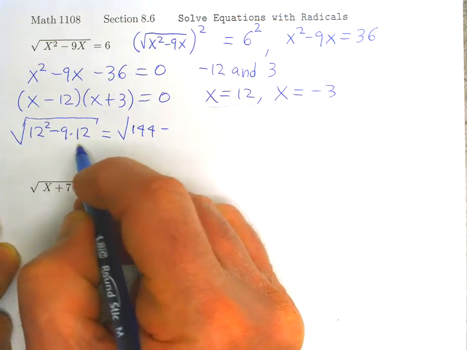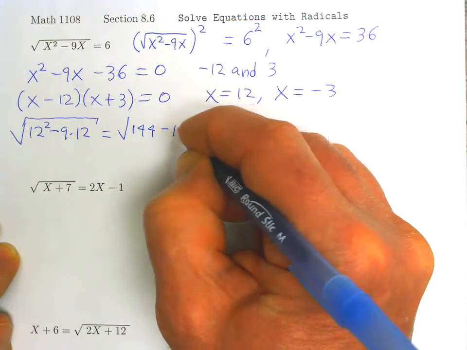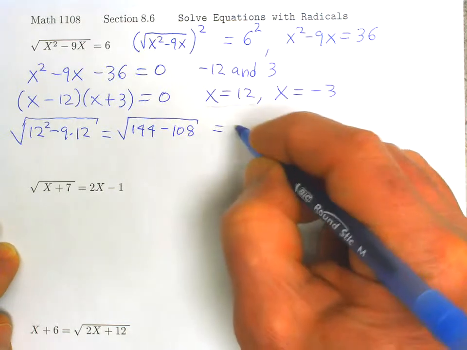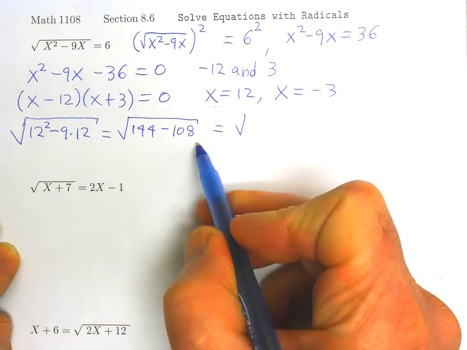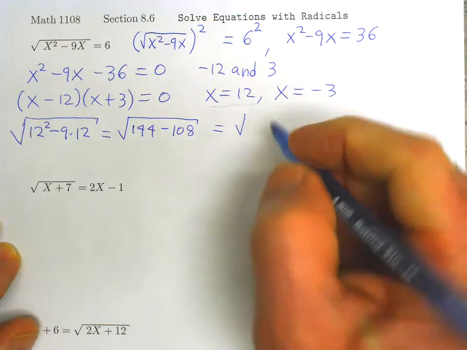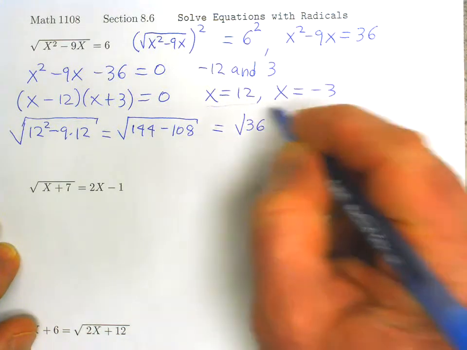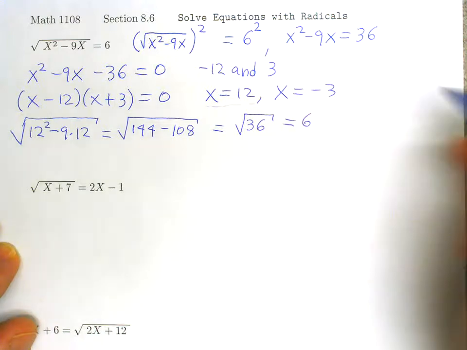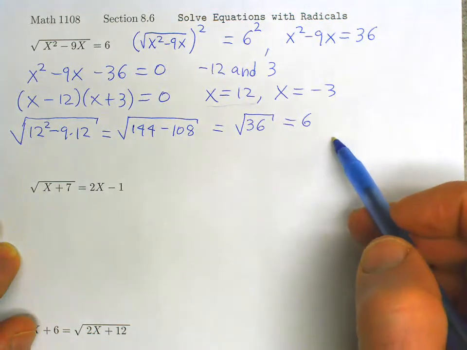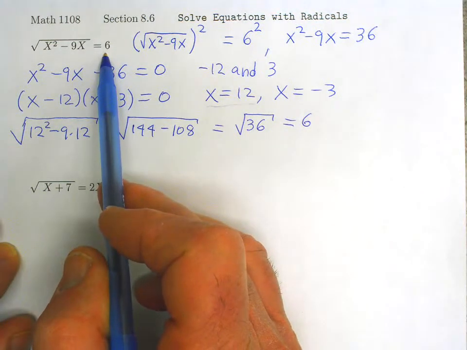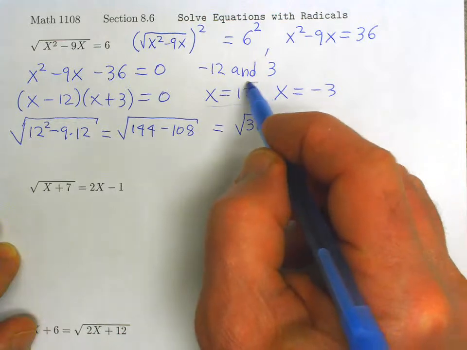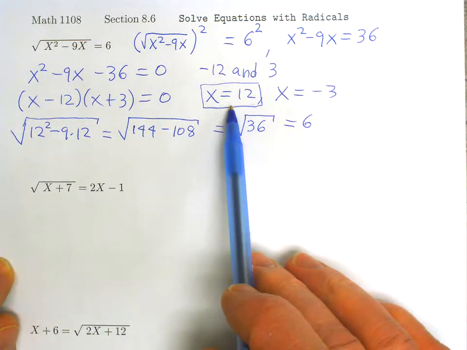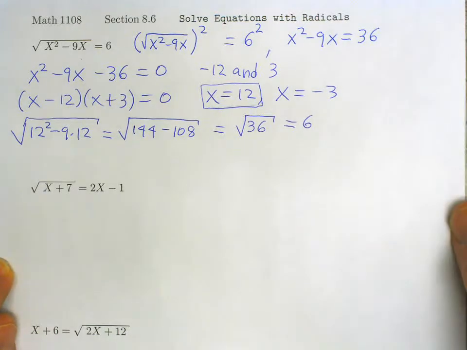And minus 9 times 12 is minus 108. And inside the square root, 144 minus 108 is 36. And the principal square root of 36 equals 6. And that's true. That's what it's supposed to be equal to. So x equals 12 is a solution to that original equation.